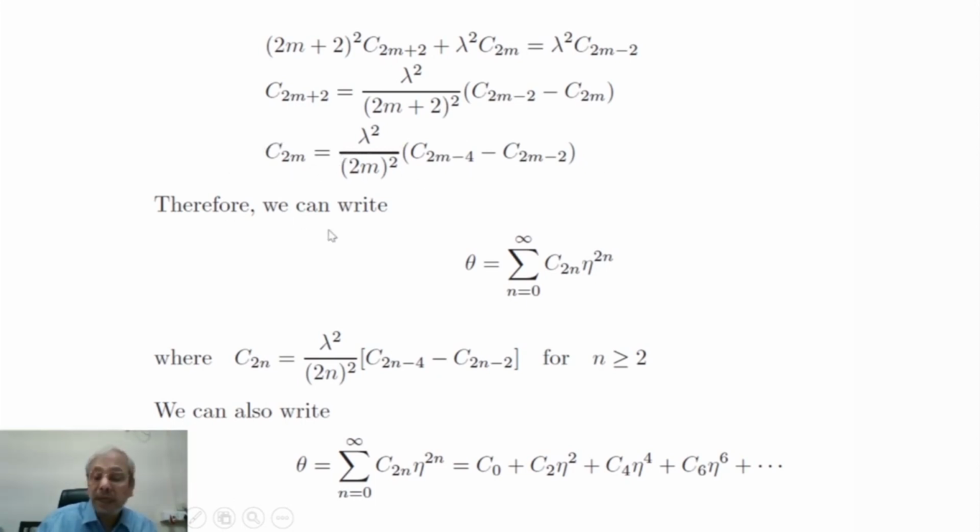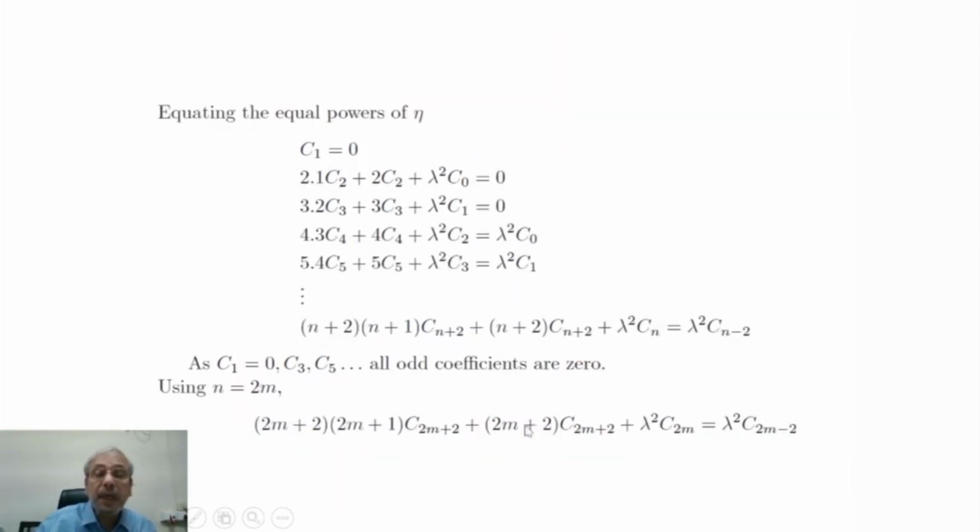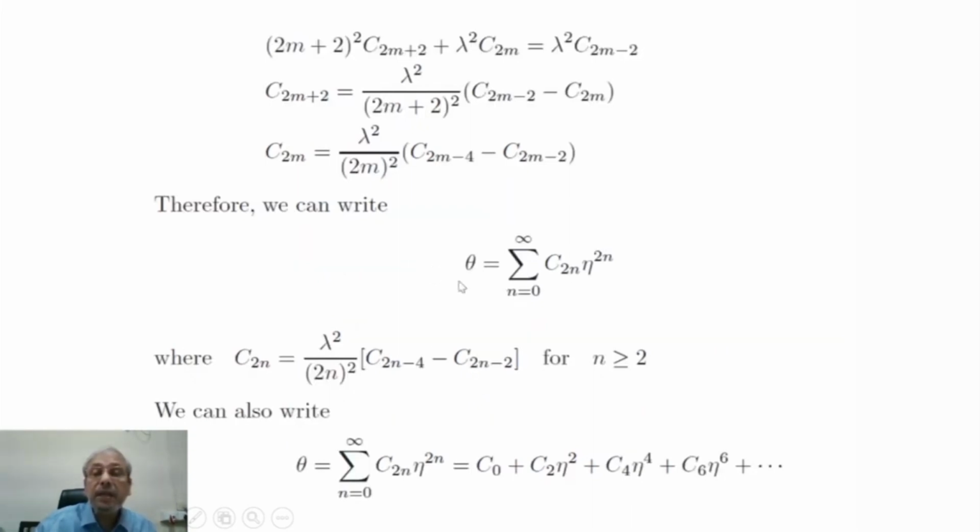So we have seen odd coefficients can be dropped, and now we can write theta equal to the very general expression, summation of C twice n into eta to the power twice n, n equal to 0 to infinity, where C twice n is lambda square by twice n square into C twice n minus 4 minus C twice n minus 2, and this is valid for n greater than or equal to 2.